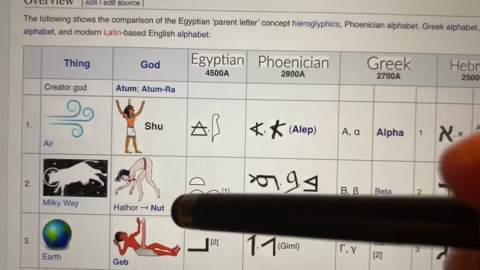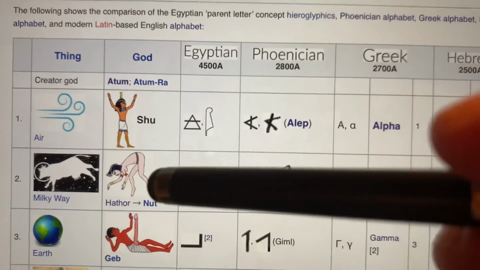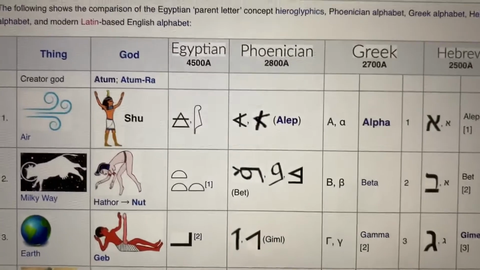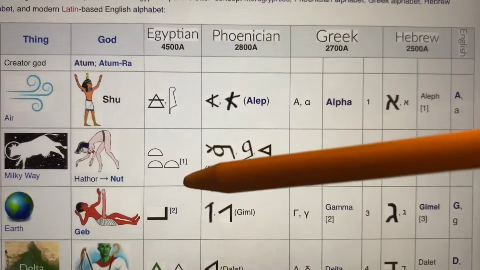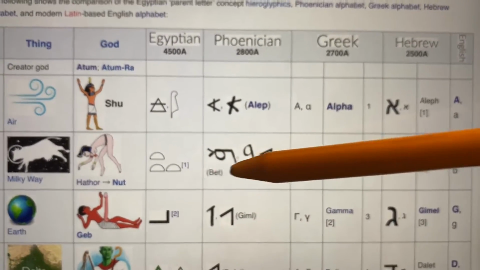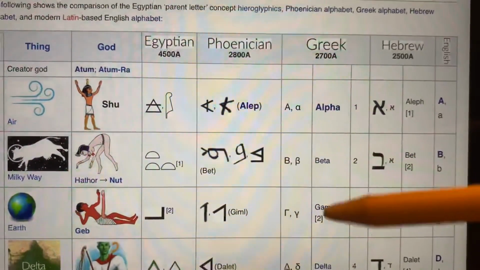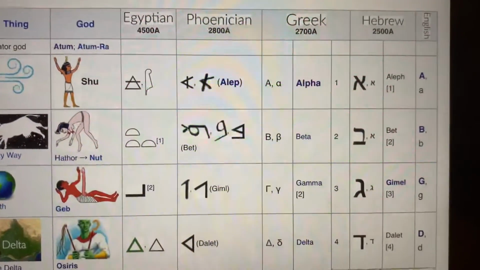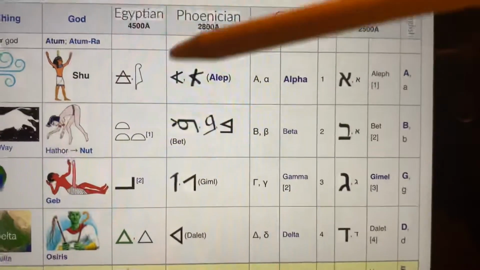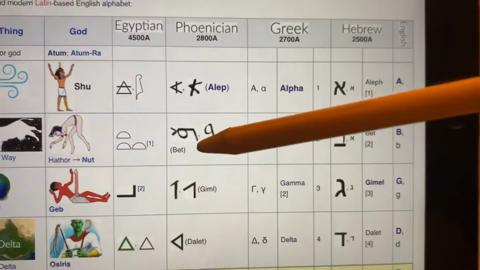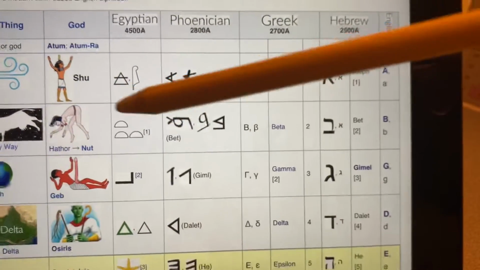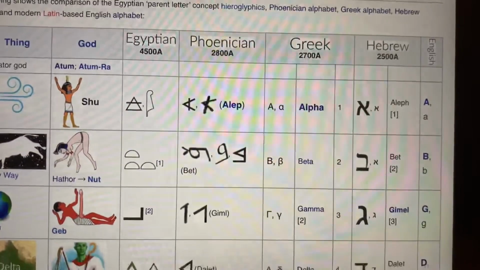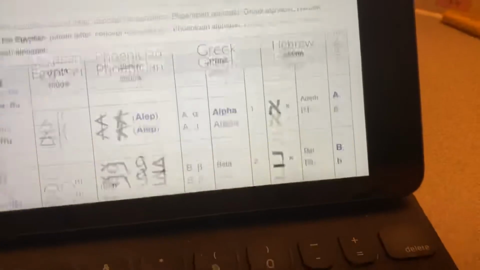The Milky Way becomes Nut, the heaven goddess, and so her shape becomes what's the hieroglyph for breast, and then becomes the Phoenician letter B, and it becomes the Greek beta and the Hebrew English letter B. So the actual shape here, Phoenician B, is a woman bent over in the Shu position with her arms held out and her breast dangling down. This is called the Nut position.